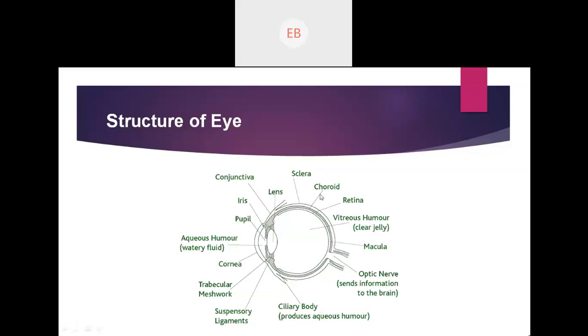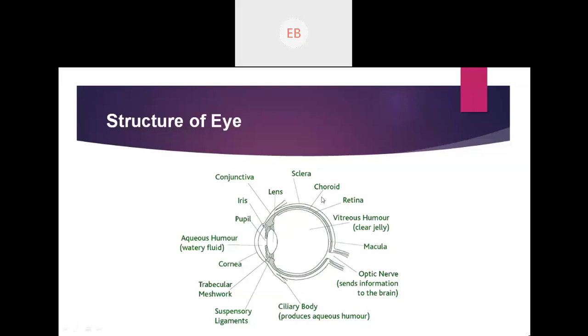Then there is the choroid. The choroid contains blood vessels, and its main job is to supply nutrients to the eye. It is also heavily pigmented, stopping external light.